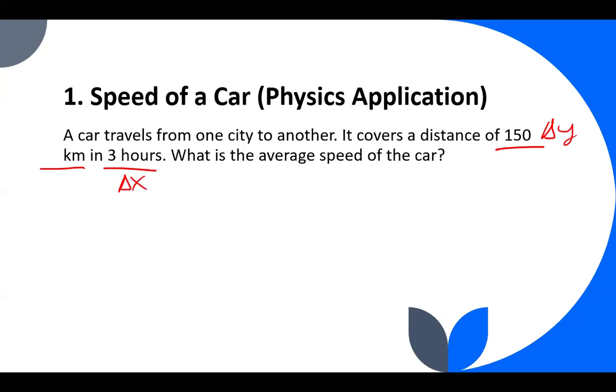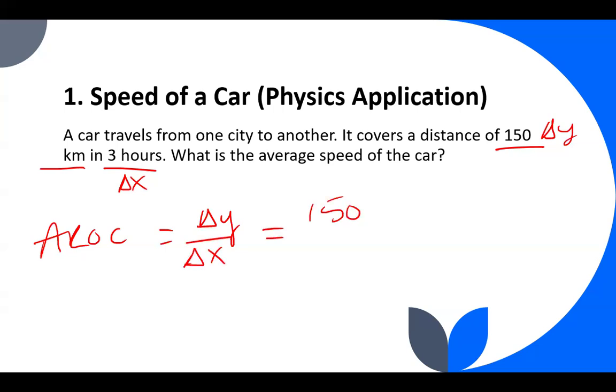That would be our change in X, right? And we're finding the average rate of change, which is the change in Y over the change in X. So that would be 150 kilometers over 3 hours, which means that you are going 50 kilometers per hour. Agree?